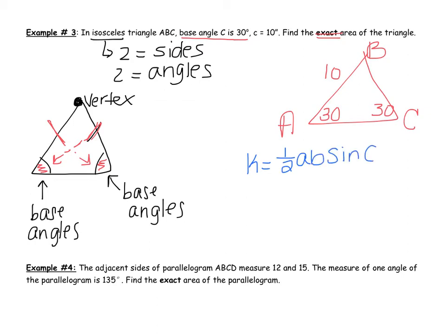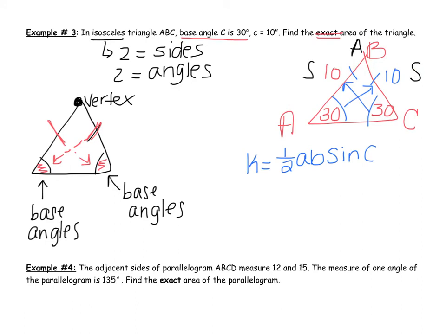The A and the B, again, doesn't matter just as long as you have side, angle, side. Well, right now it seems as though I only have one side. But if these 2 angles are equal, the sides opposite those have to be equal since it's isosceles. So those 2 would have to be 10. So here is my side, here is my angle, here is my side. So I have side, angle, side.